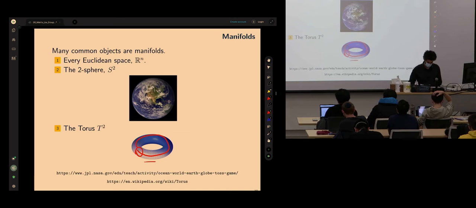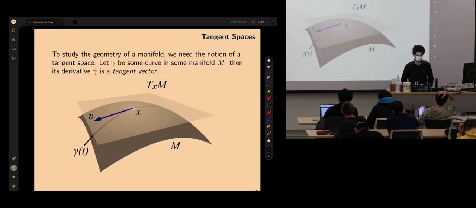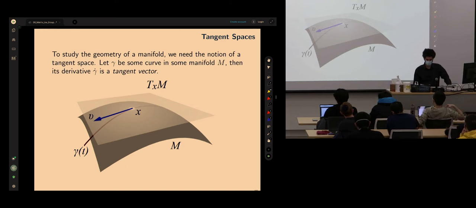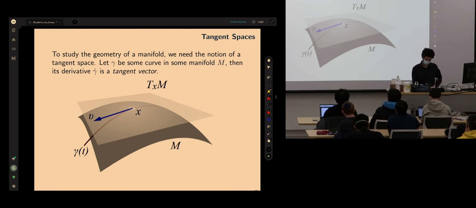So we want to make sure things remain as flat as possible, so we can do usual calculations. To do that, we need to talk about a tangent space. To understand the geometry of a surface, which is the topic of Riemannian geometry, we need to talk about tangent space and tangent vectors.